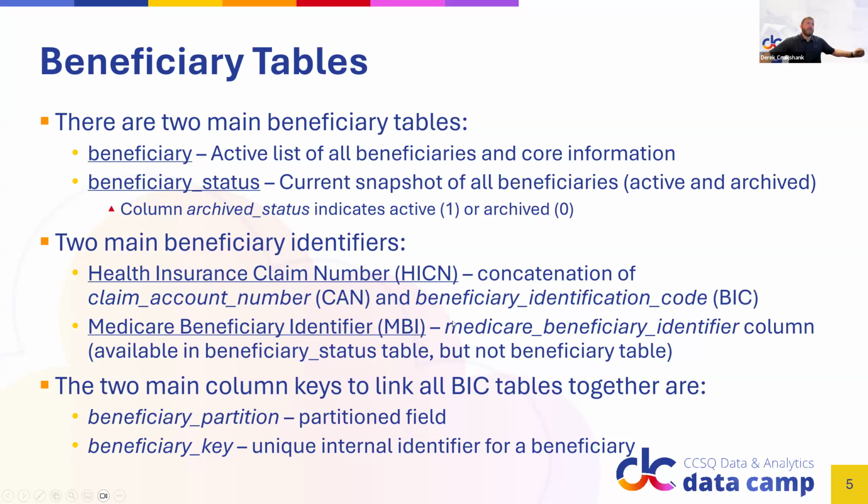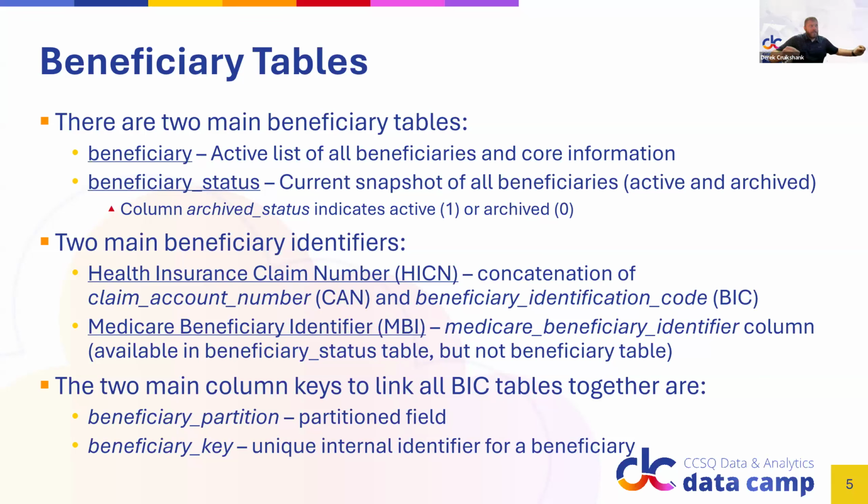The main difference is that the beneficiary status table includes active and archived records for all of the active beneficiaries. You'll notice, and I'll show it to you, there is an archived status column within the table that you can filter on so that you can get essentially what is the beneficiary table and all of the core information.